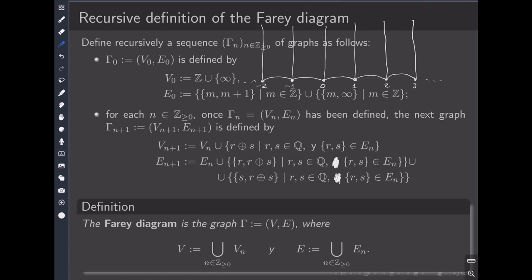Every time I had an edge in Vn, now for Vn plus 1, I'm adding a new vertex, which is the naive sum, and I add these two new edges. So the edges connecting the old vertices of the edge to the new vertex added to the configuration.